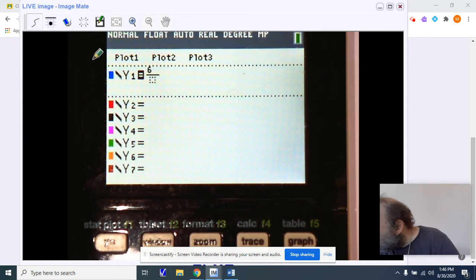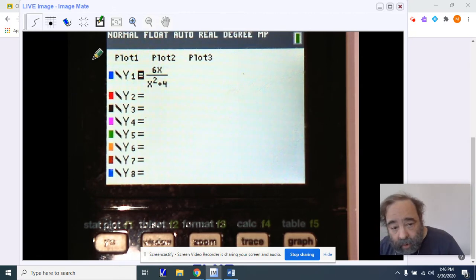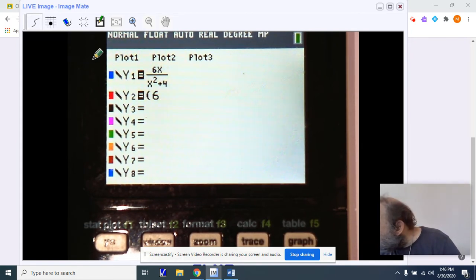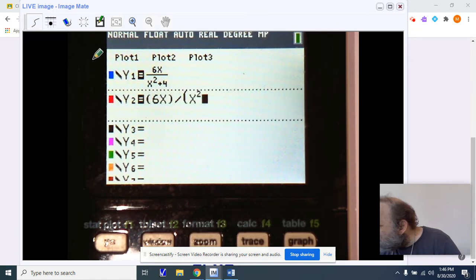So for those of us who have the new version, we just put a 6x, we move the arrow down, and we put x followed by squared followed by plus 4. For those of you who do not have that, you're going to have to use parenthesis, 6x, close parenthesis, divided by parenthesis, x squared, and then plus 4, close.